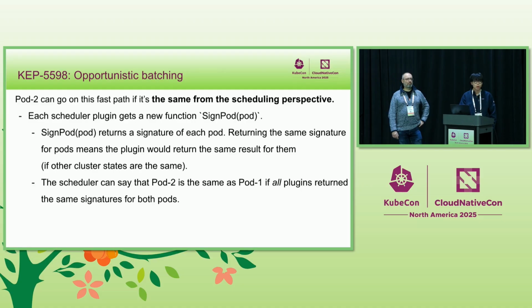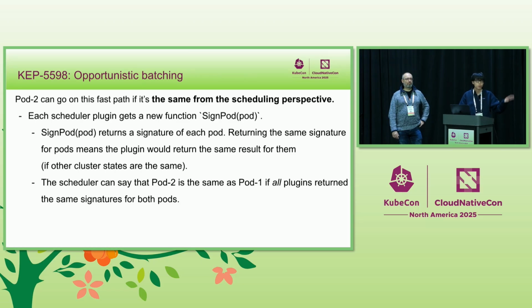So that is a new concept, SignPod. If you're developing custom plugins, you might have to implement it for your plugin as well. But basically, we are doing things backward compatibly. If you are not implementing that new interface for your plugins, this feature is basically not enabled.